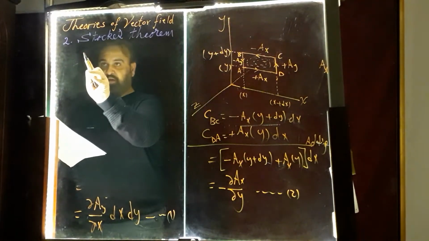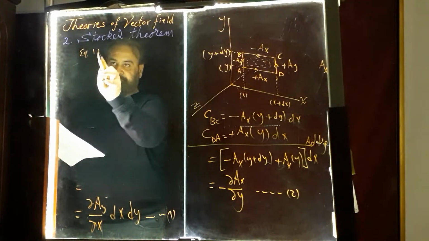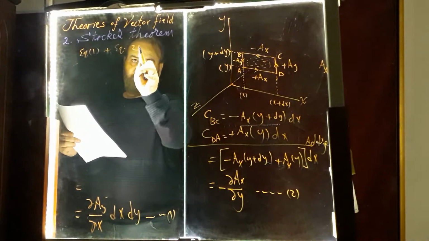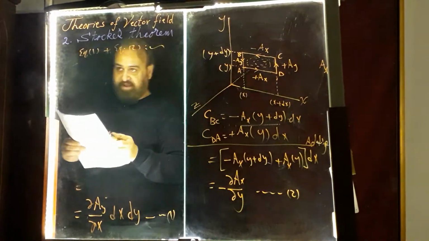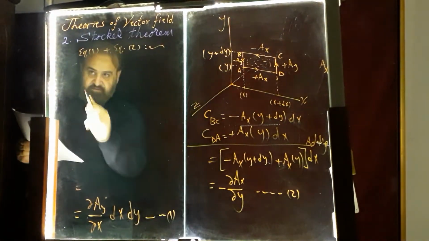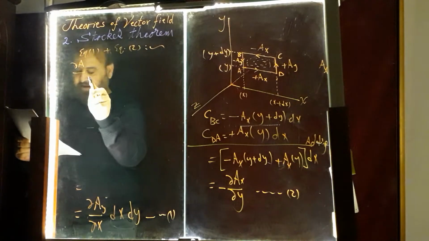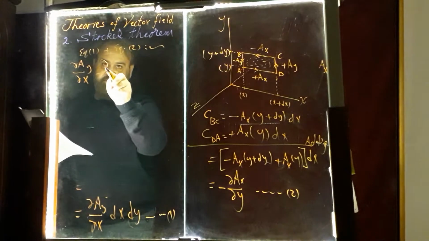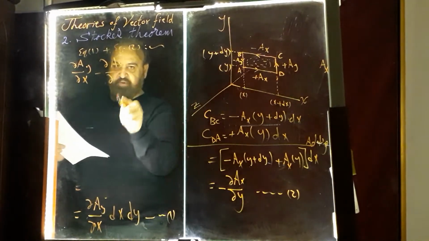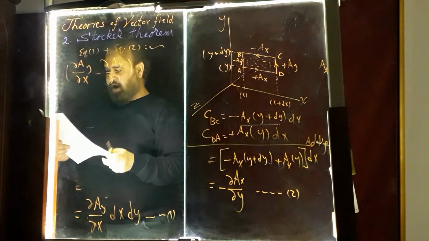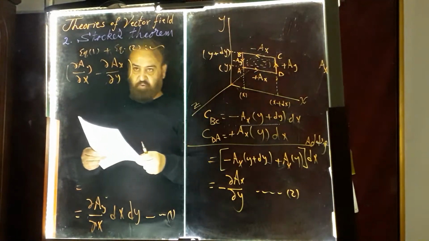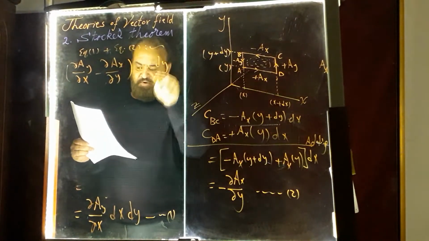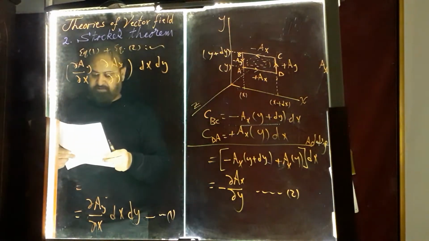Now, equation 1 plus equation 2, we get the partial of A sub y over partial x minus partial Ax over partial y, dx dy.